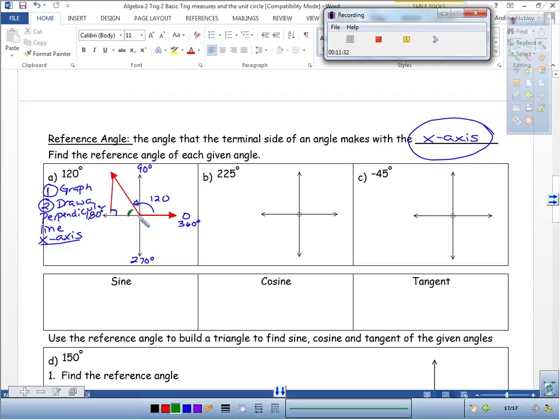This right here is my reference angle. That's my reference angle. Any questions over that? Yeah, it's the one in the middle, not the 90? Not the 90 degrees. It's the central angle. Central angle, the one at the center of your X and Y graph.